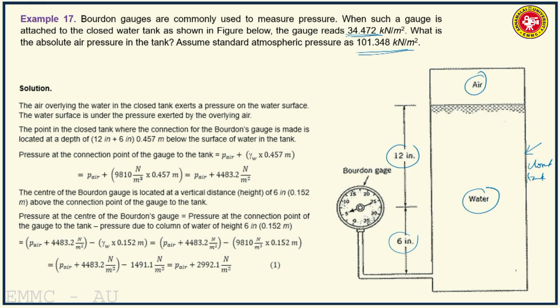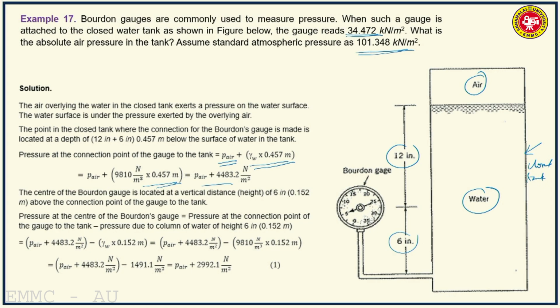Now pressure at the connection point of the gauge to the tank will be pressure due to air overlying the water column plus pressure due to column of water equivalent to 0.457 meters. So that comes to pressure of air plus 9810 Newton per meter cube multiplied by 0.457 meters, so this much.